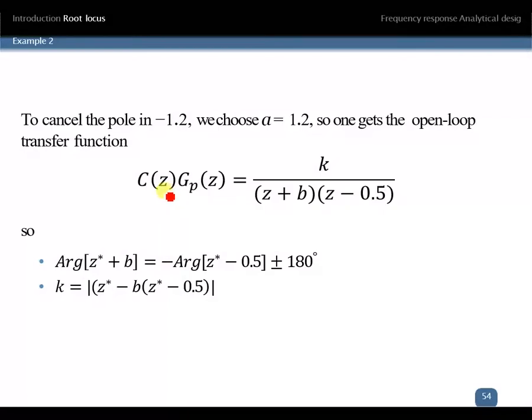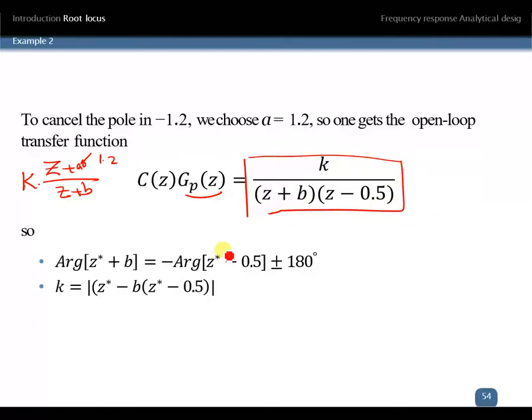then if you write C(z)G(z), because C(z) equals K(z + A)/(z + B), I choose A as 1.2 and G(z) for me is 1/((z - 1)(z + 2)). Here z + A will cancel out, and simplifying the equation will give this.